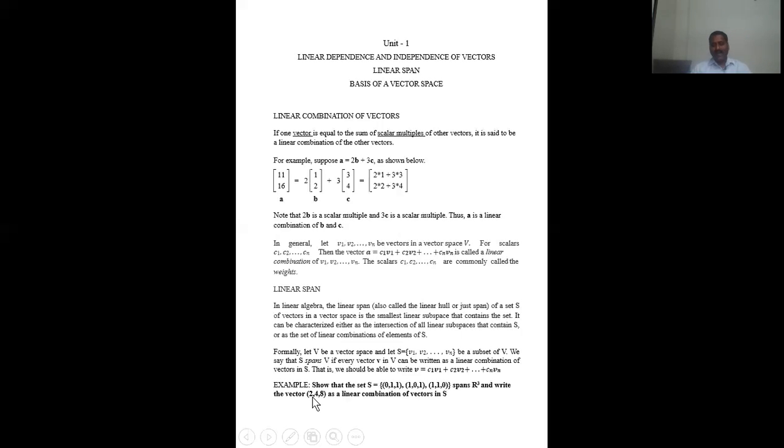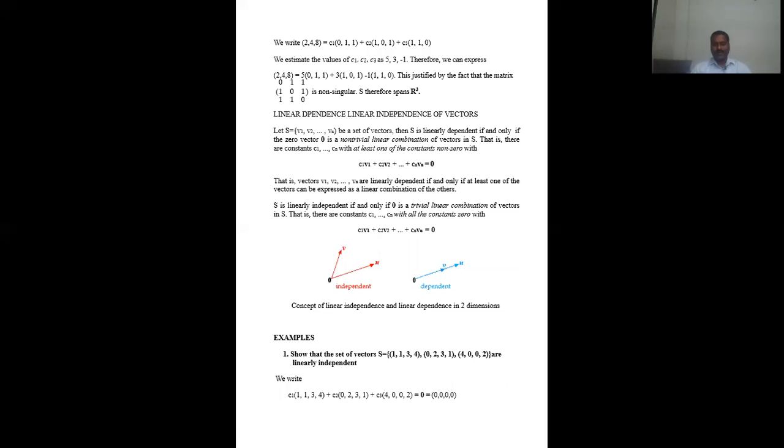Meaning, whether I can write the vector 2, 4, 8 as a linear combination of these three vectors. Meaning, somehow we can find these three constants, C1, C2, C3, so that a certain combination of these three vectors yields 2, 4, 8. Then we say that 2, 4, 8 is a linear combination of these three vectors. For that, I need to ensure these three are linearly independent.